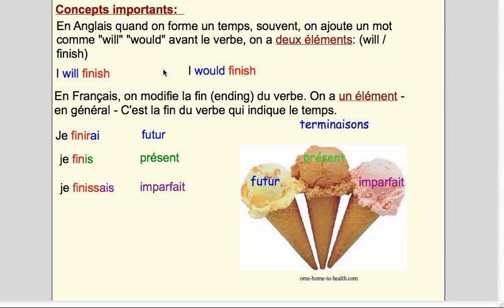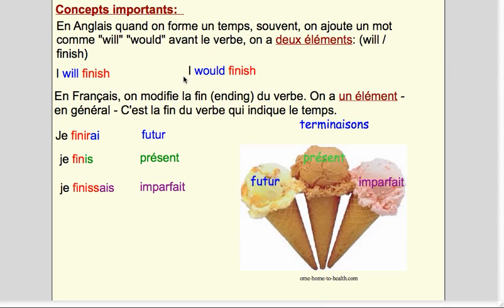So a first very important concept to understand is one of the differences between English and French. In English, often, not always, but to mark a different tense, you use a word before the verb. So for example, to mark the future, you will say, I will finish, and will indicates that you're speaking in the future.